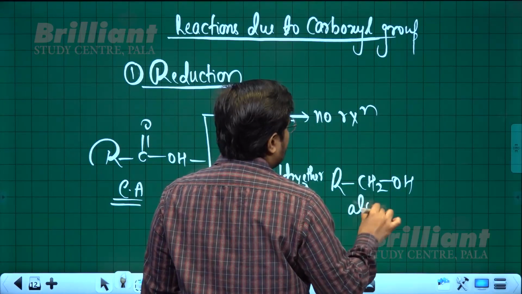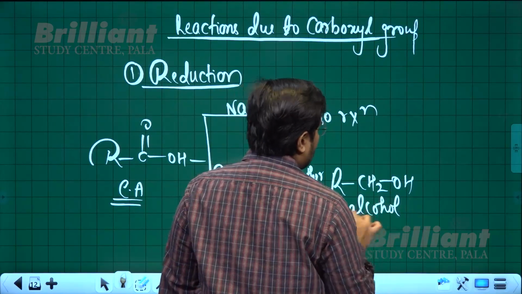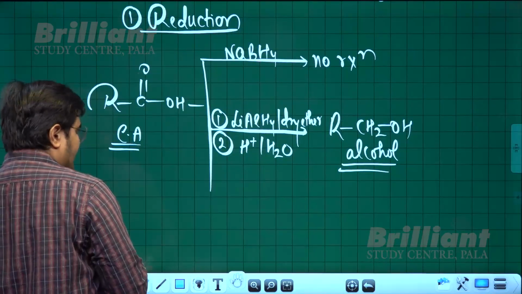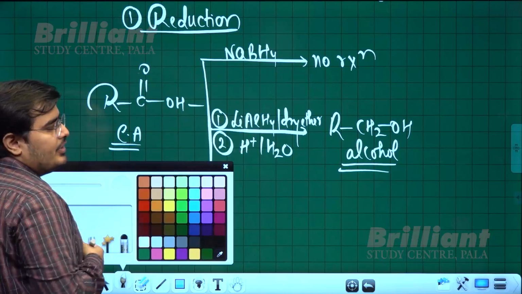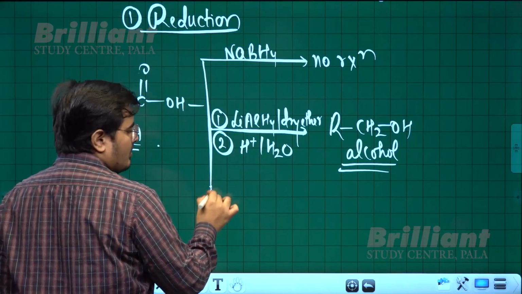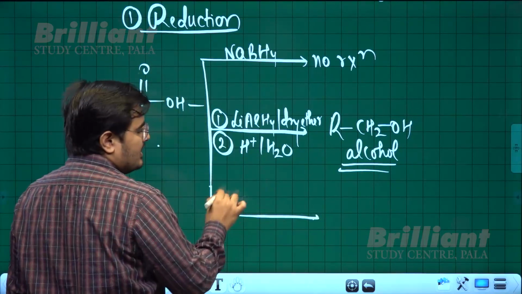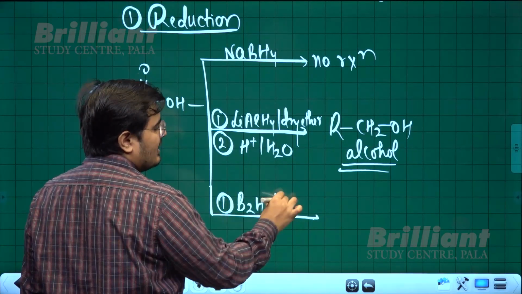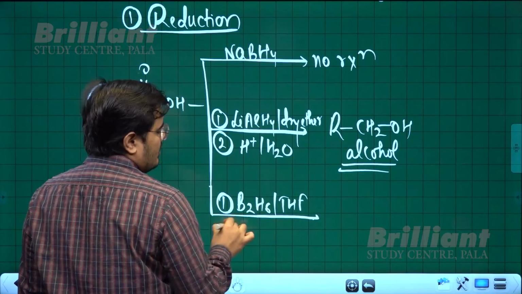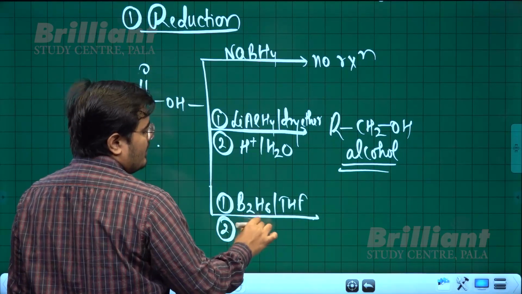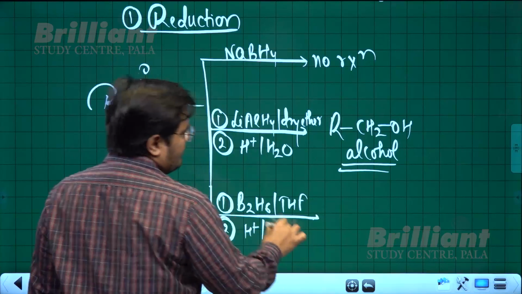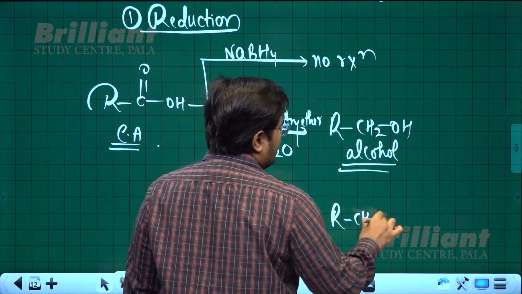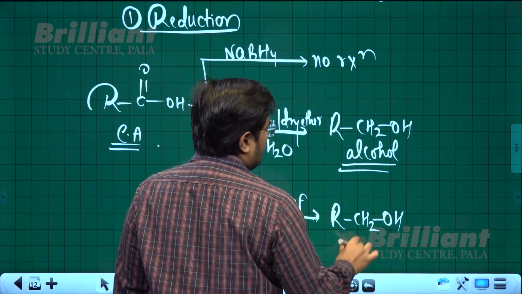So using lithium aluminium hydride, we can actually reduce our carboxylic acid group directly into alcohols. Or another better choice is you can use diborane as the reducing agent. Diborane, or BH3, as a reducing agent will again reduce it to alcohol.